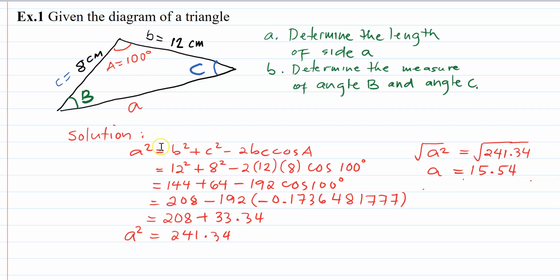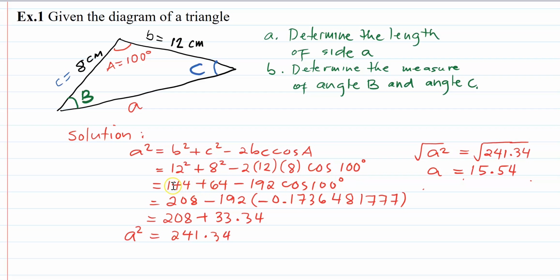So by substitution, we have A squared equals 12 squared plus 8 squared minus 2 times 12 times 8 cosine of 100 degrees.